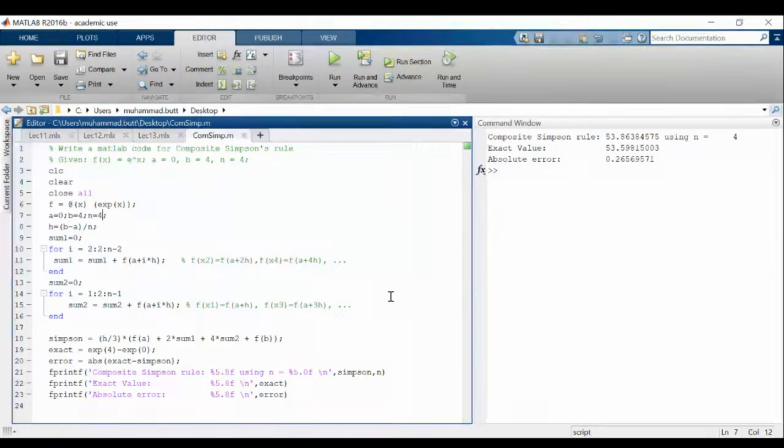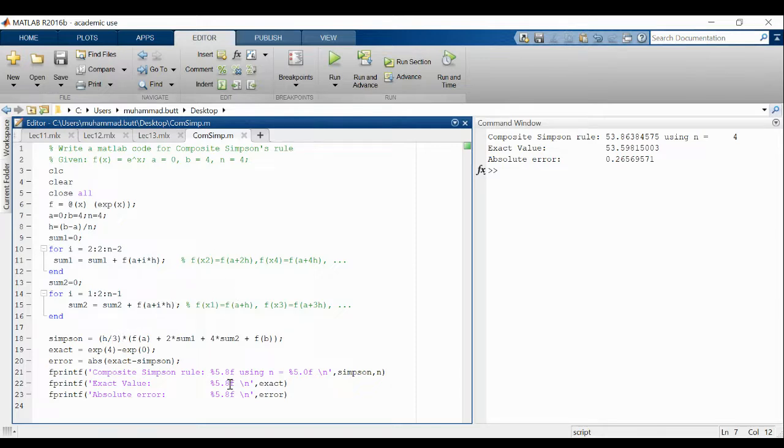So similarly, I ask you to write a MATLAB code for the composite trapezoidal rule. What you have to do now, or at home, is write a MATLAB code for the composite trapezoidal rule following the same procedure, but now the formula will be much easier for you.